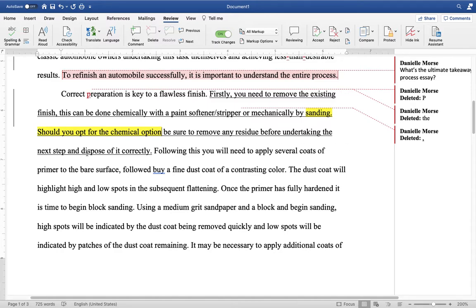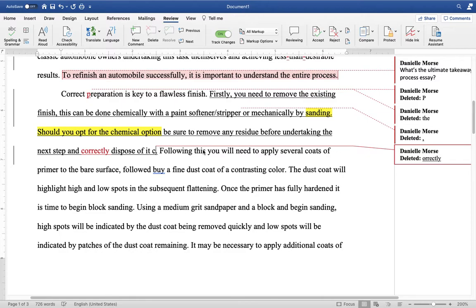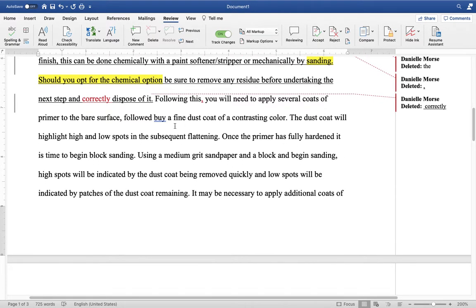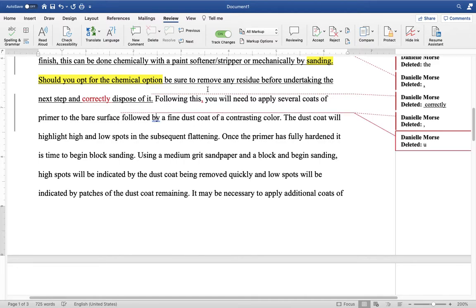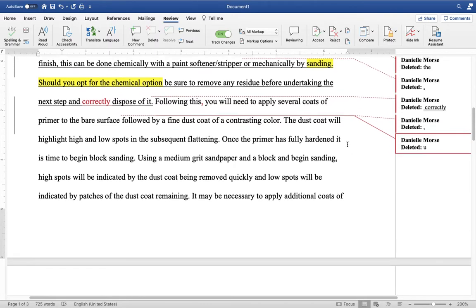And this is a place where we want to move the adverb to the proper place, which is before the verb, because the adverb qualifies the verb, and correctly dispose of it. Following this, that's an introductory phrase, so commas needed before the grammatical subject. You will need to apply several coats of primer to the bare surface, no comma needed, followed by, that's the wrong by, a fine dust coat of a contrasting color.